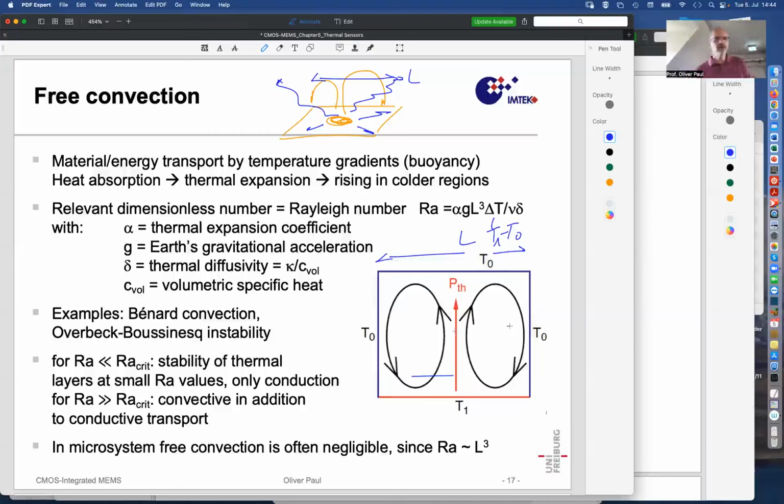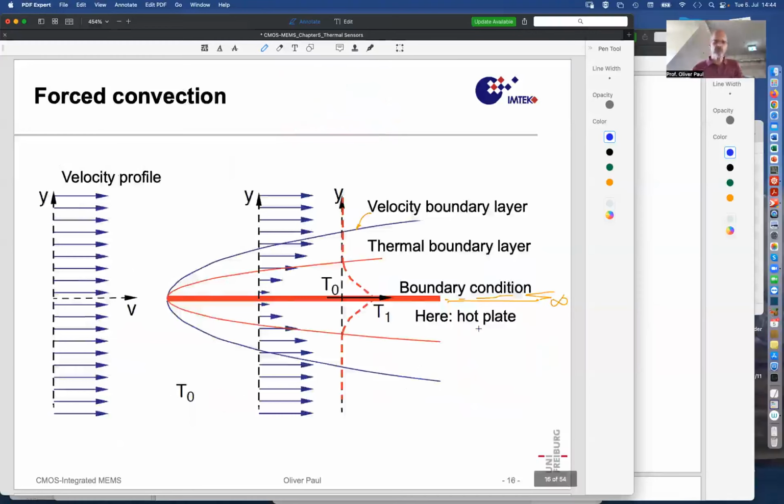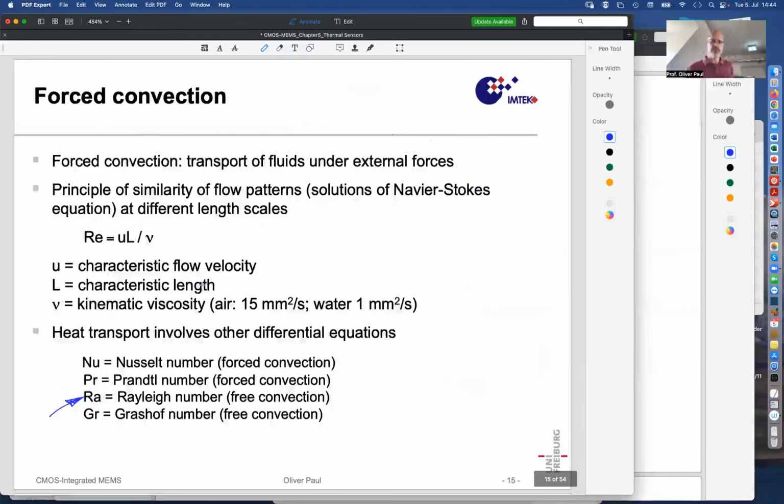And so you find these phenomena under the name Bénard convection and Rayleigh-Bénard instability. I'll ask you at the exam to spell this correctly, of course. Yes, don't worry. This is French. And so this thermal transition from one pattern to another pattern is similar to what you know from the Reynolds number.